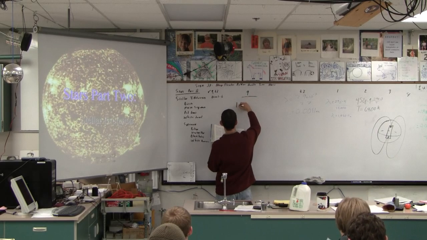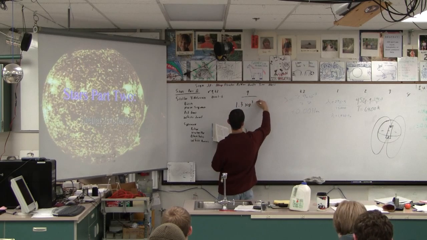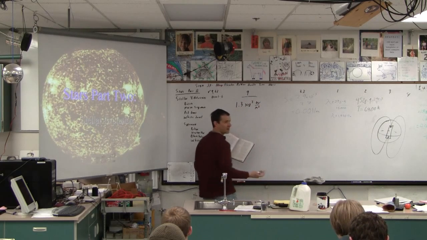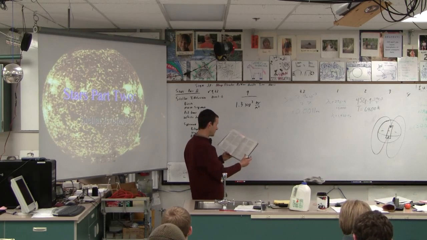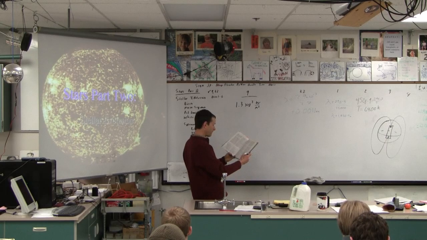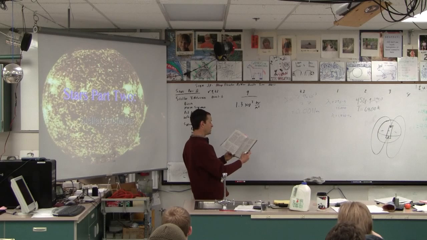So in problem 8, they give us the solar constant as 1.3 times 10 to the third watts per square meter. And I think we calculated it last time at about that, like 1,300 watts per square meter striking the Earth's atmosphere, right? And so the apparent brightness, absolute luminosity of the sun. What is the apparent brightness of the sun as seen from Jupiter?